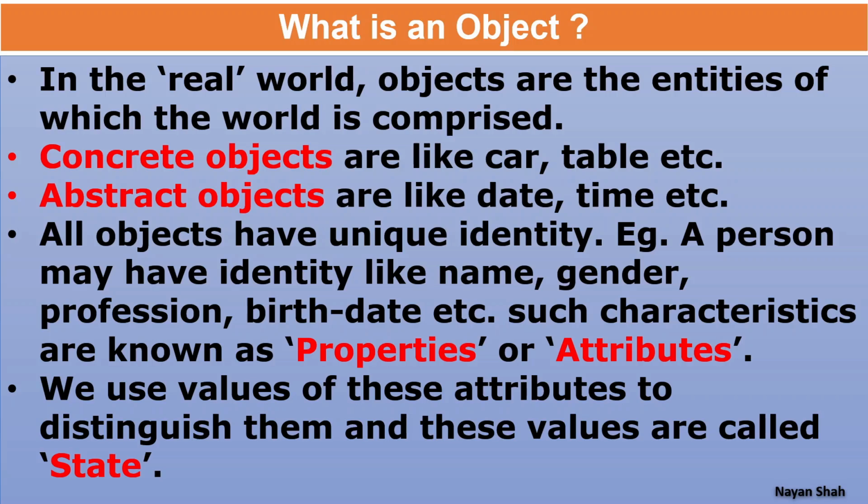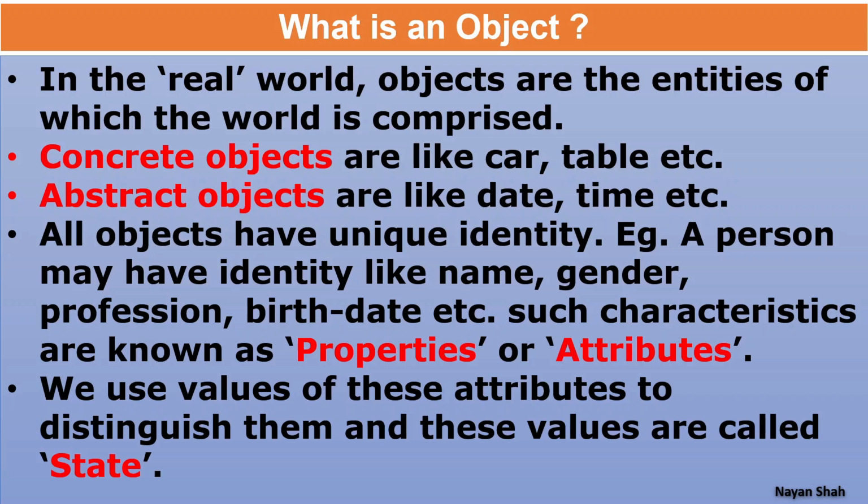We use values of these attributes to distinguish them, and these values are called the state of the object. So what is the state of the object? For example, I have 3 students. Let us consider these 3 students as objects of the student class: student 1, student 2 and student 3. All these 3 students have one common property or attribute, that is the name of the student.